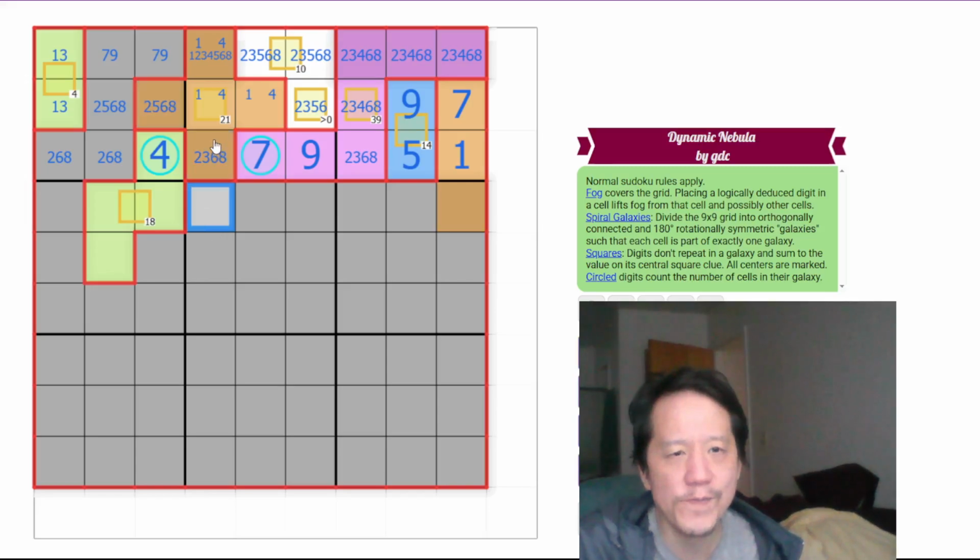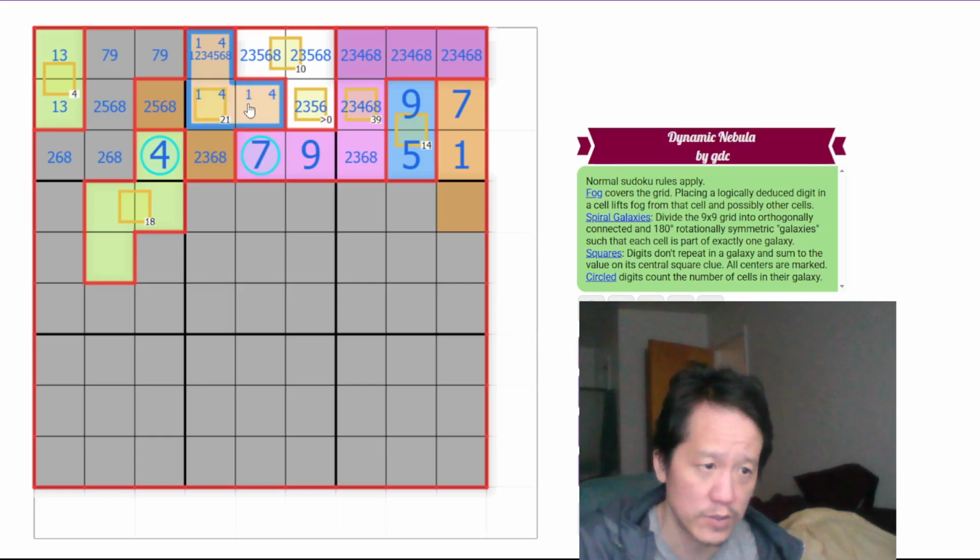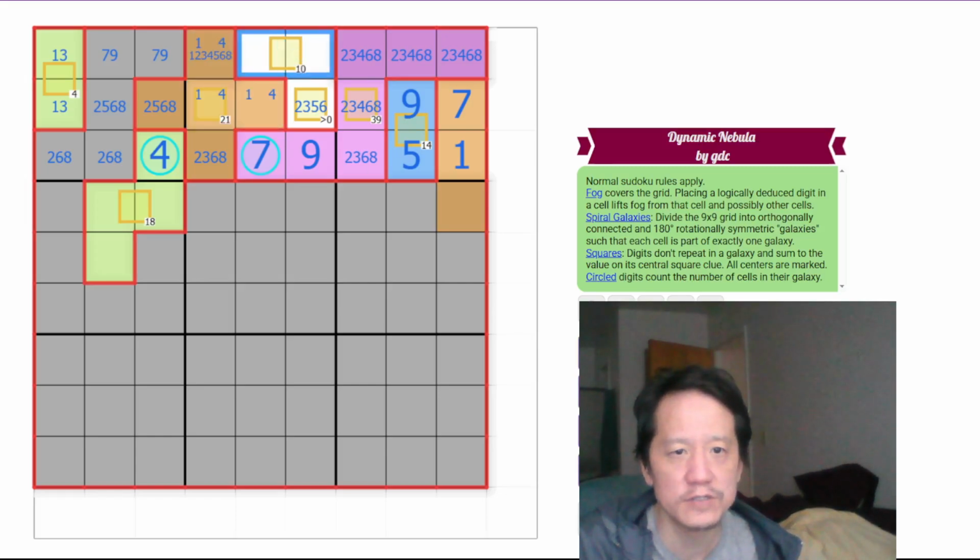So that's up to 18. This is 2 digits that add up to 10. Well, the only 2 possible digits here can't be 1, 9, can't be 3, 7, can't be 4, 6 anymore because this requires a 4. So it has to be 2 and 8. So this is 2 and 8.